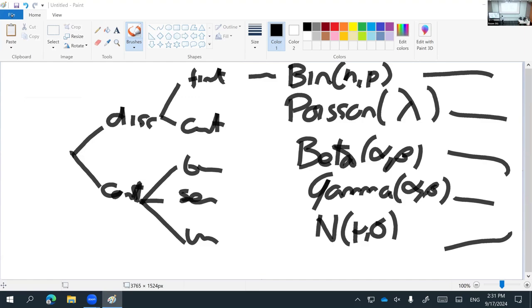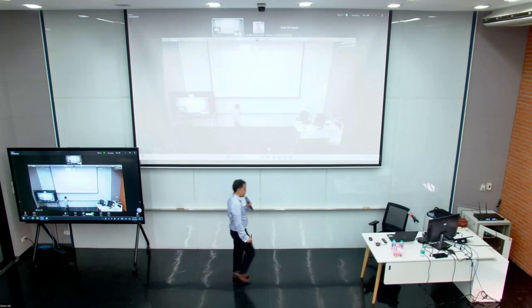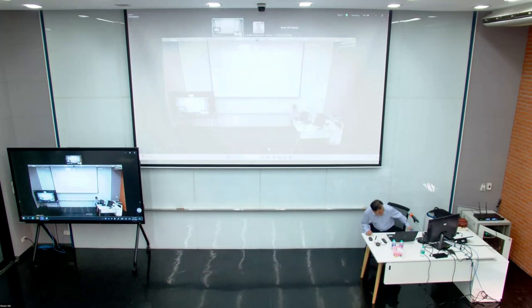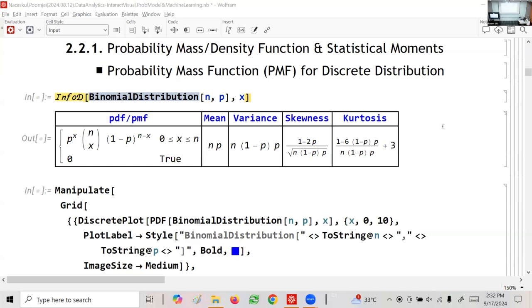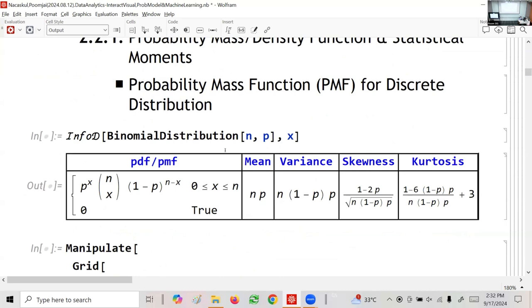Stop share. So now let's go to your textbook. There it is.